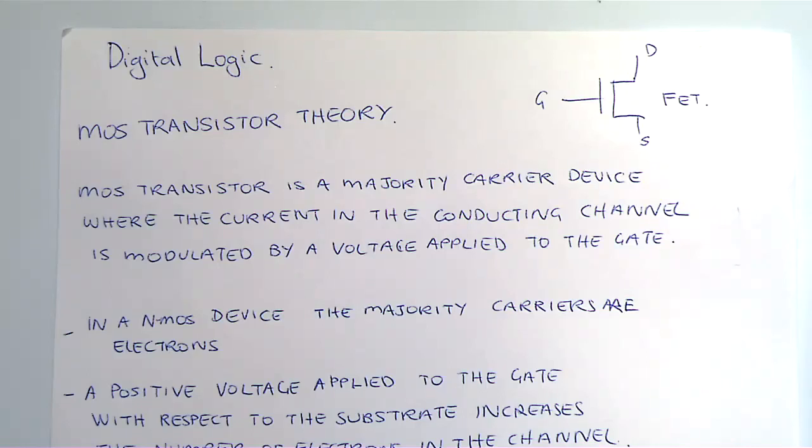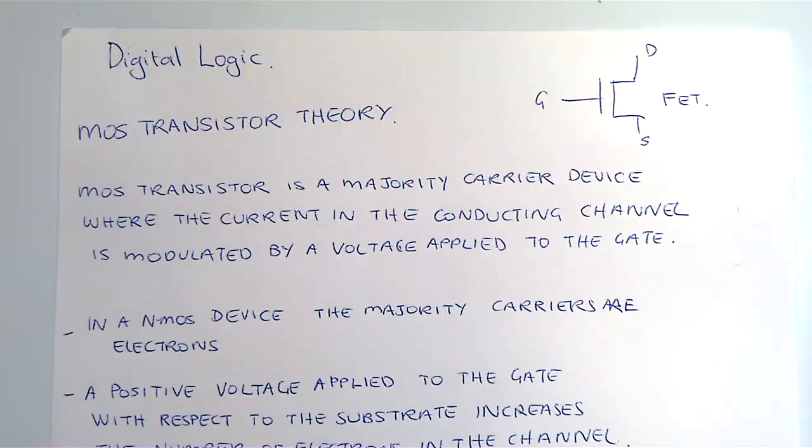And the reason is, as you increase the voltage, you're actually repelling the holes, right? And as a consequence, you've got less majority carriers in the actual channel. And that's the difference between an NMOS device and a PMOS device. That's a very interesting property that we use, being able to have both NMOS and PMOS devices in CMOS, where C is complementary, which allows us to build some very low power circuits.